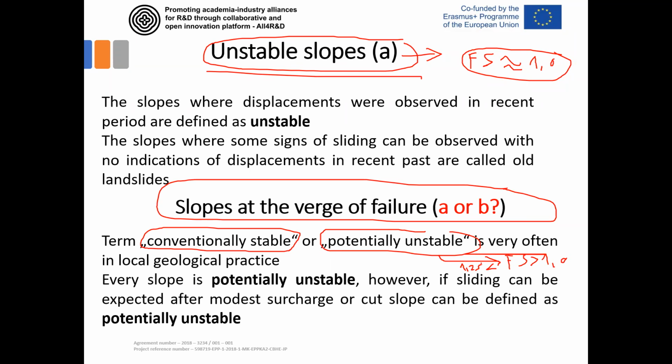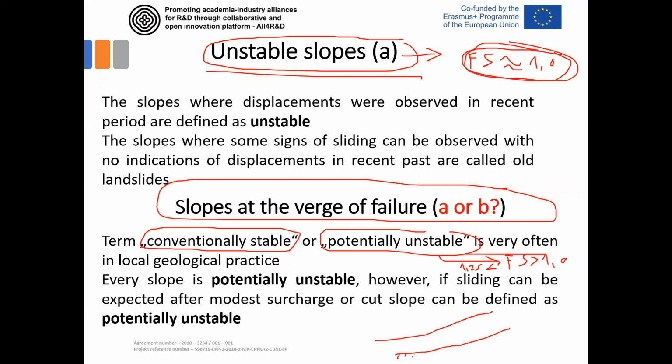But when you perform some excavation, some additional load, and you do something with that slope, then it very, very easily becomes an unstable slope with a safety factor of 1. This is also something that very often occurs during the construction of highways. What does it mean? It means we have a slope like this.